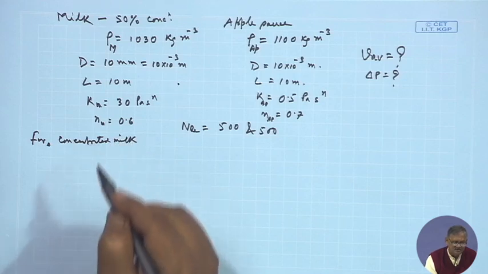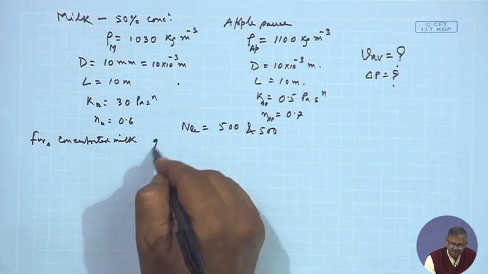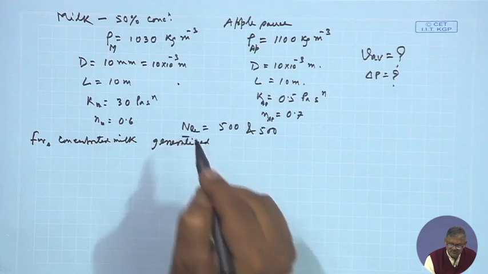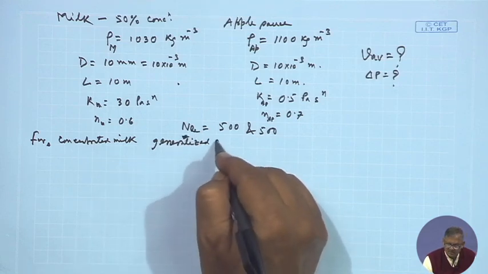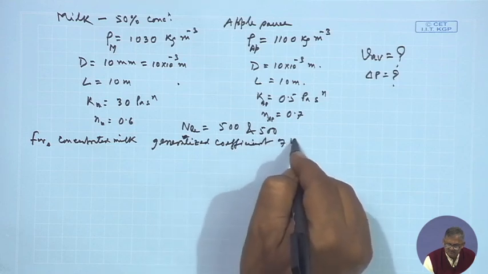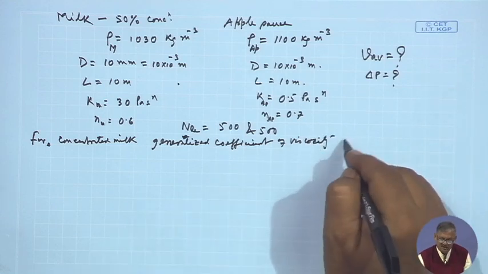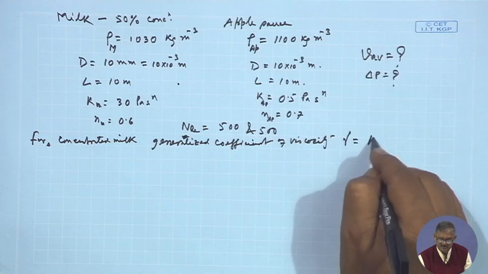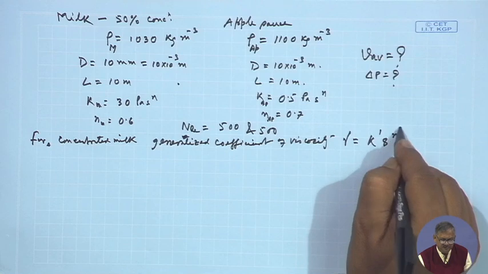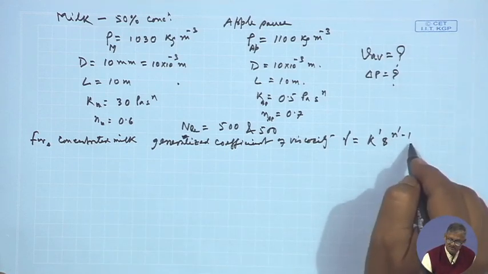For concentrated milk, the generalized coefficient of viscosity, gamma, is K prime 8 to the power n prime minus 1. So, this is from the definition.